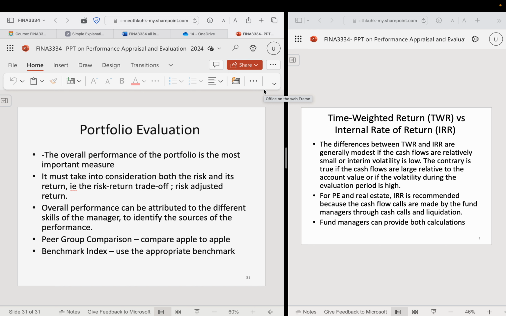What exactly is the process we talk about? We want to know whether the process is clearly defined, consistent and verifiable, such as who makes the decision, whether it's the CIO or how many CIOs make the decision, and where the investment decisions come from, and how new investment ideas are generated.